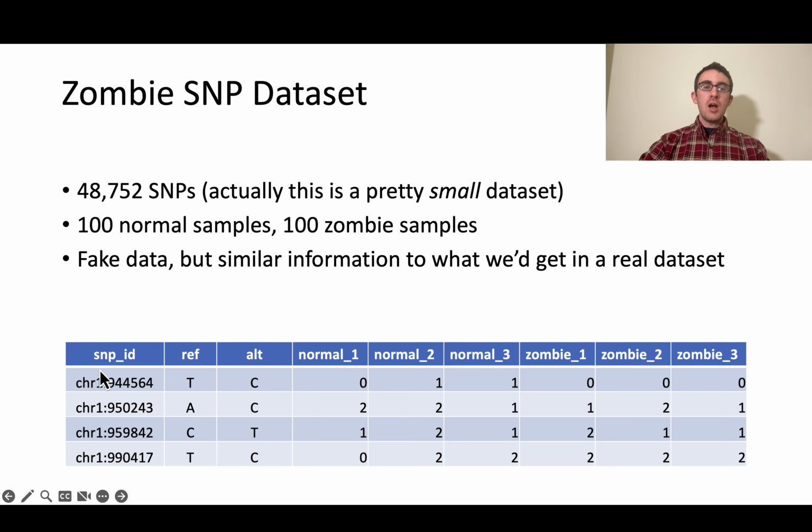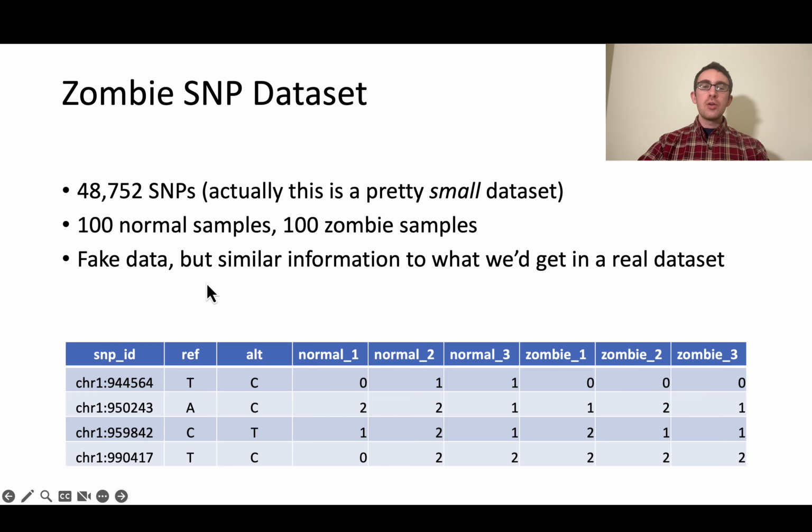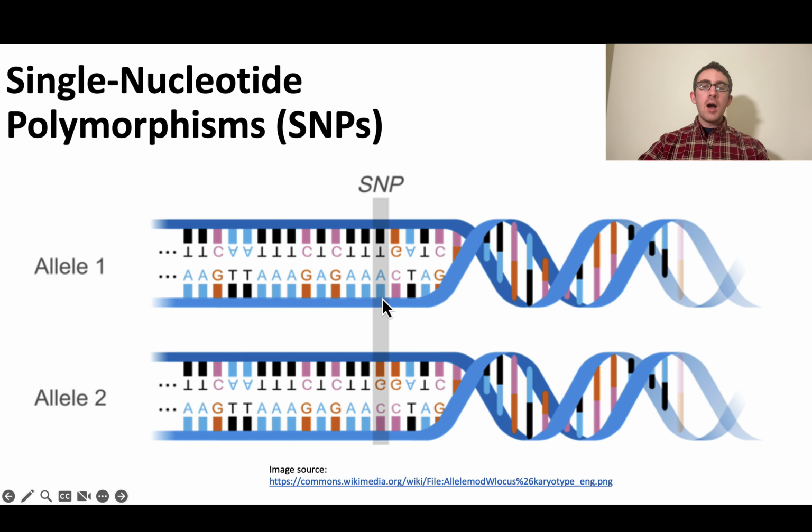So this is telling us, first of all, the chromosome number, where these first couple are all from chromosome 1. Then there's a colon, and the number after that is telling us the coordinate of the position we're talking about. If you remember, there's this sequence of DNA, and if you imagine counting from one end of a reference chromosome, this second number tells us the coordinate of the position of this SNP we're interested in.